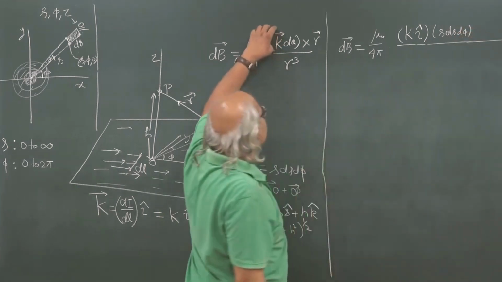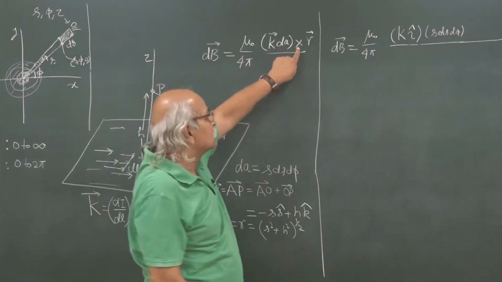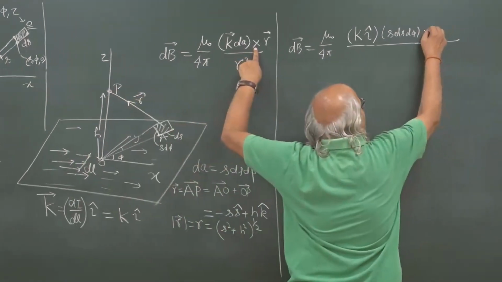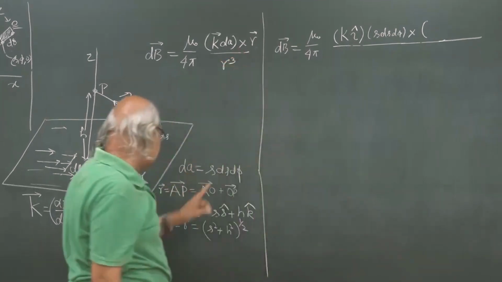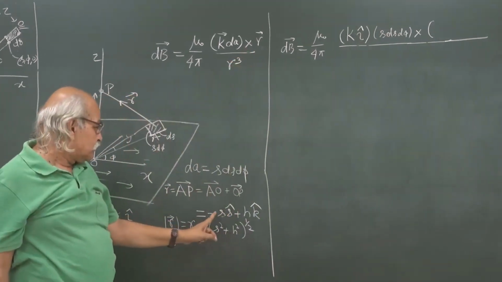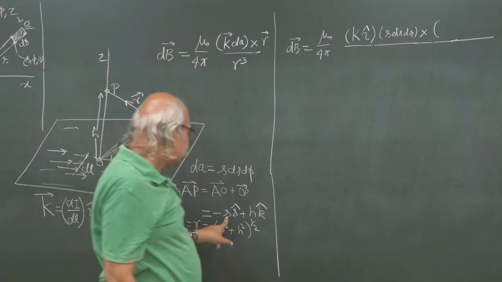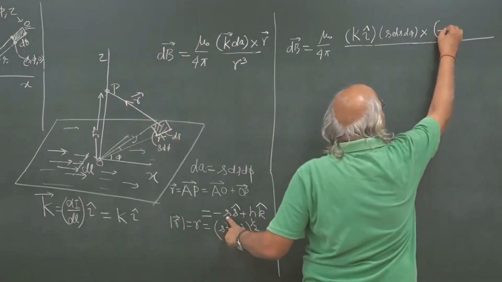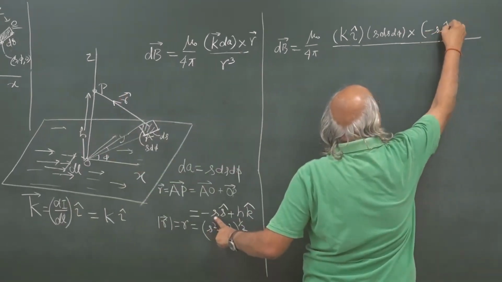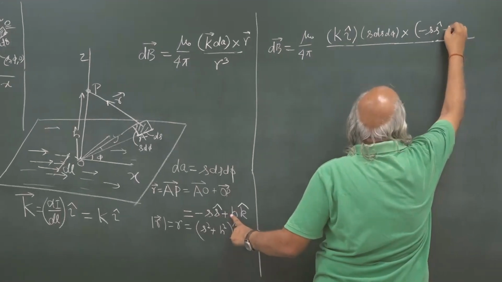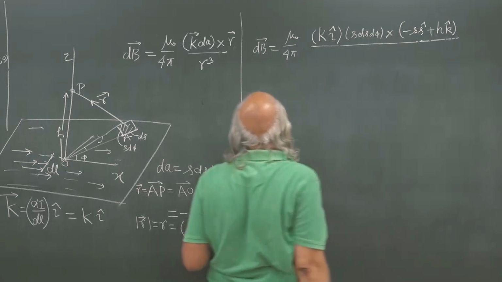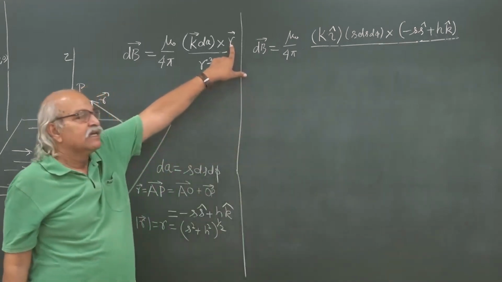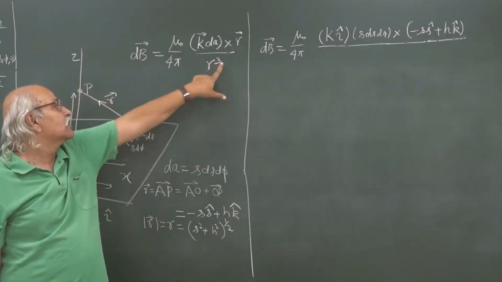This is k dA cross r vector. And what is r vector? R vector is minus s cap and plus h k cap. That is this r vector, divided by r cube.